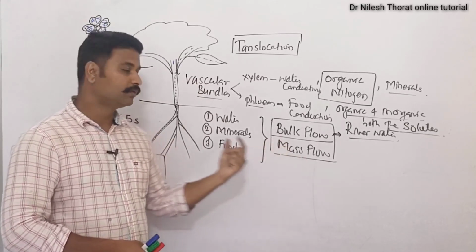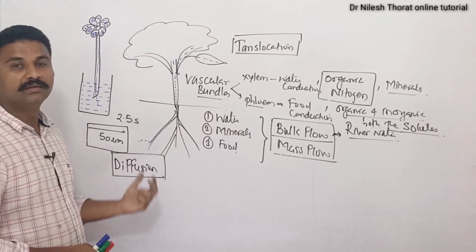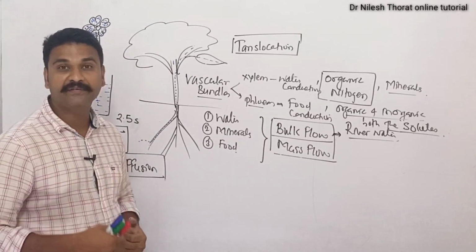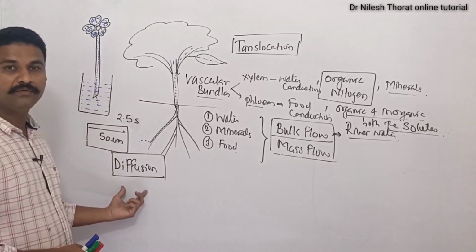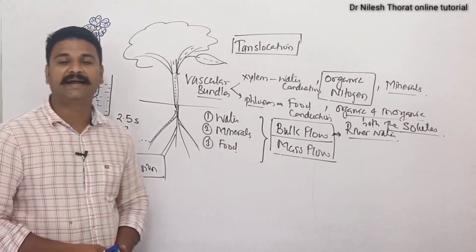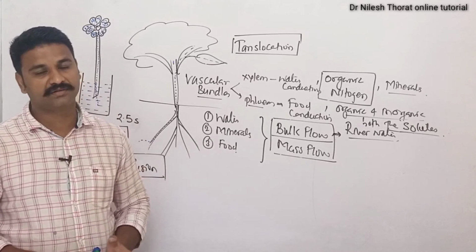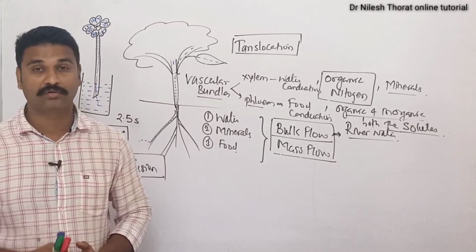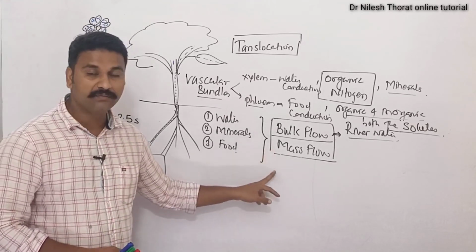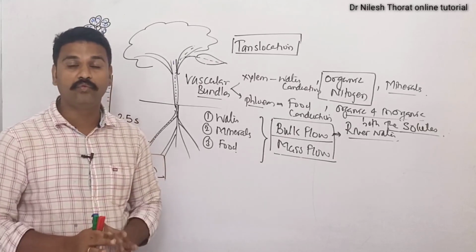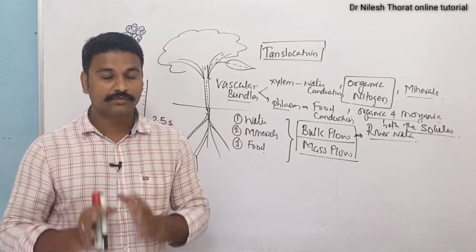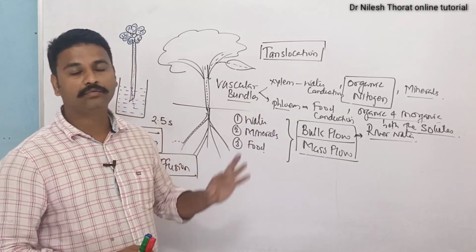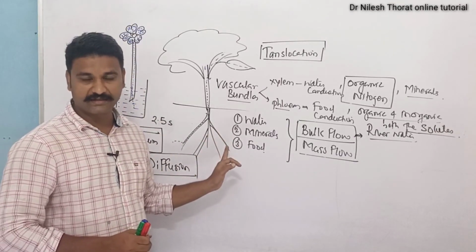In bulk flow, compared to diffusion, the substances get swept along with the water. Diffusion is a slow process, and in diffusion the substances move according to their concentration gradient, but in bulk flow the substances do not move according to their concentration gradient. Do remember this. So this is all about the long distance transport of water.